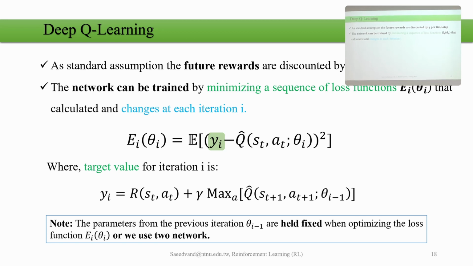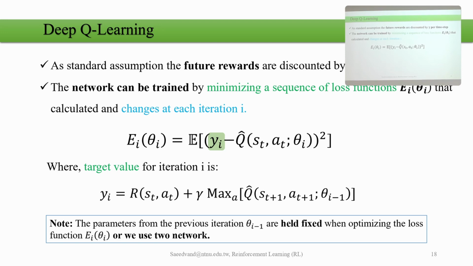First of all, we have a standard assumption that future rewards are discounted, same as what we've done in Q-learning. Second, the network can be trained by minimizing a sequence of loss functions L_i of theta_i, changing at each iteration.